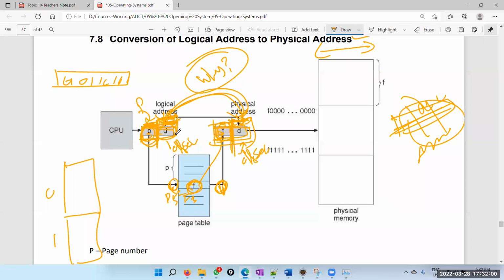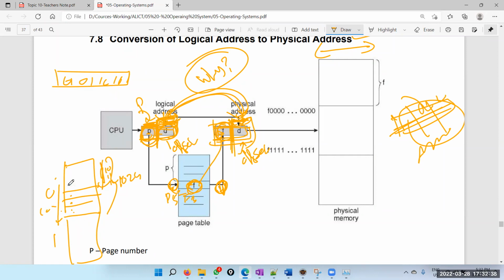The second portion says, within this particular page, whether it is the 10th, 11th or 12th address. Assume that there are 1024 entries. So the second portion says whether it is the 10th location, 11th location, or 12th location, or whatever. That is called the offset.